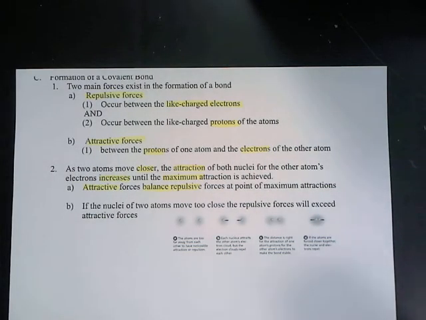Same charge repels. But they need to be close enough to share those electrons. So the atoms have to find a happy medium where they can be close enough to share the electrons, yet not so close that the electron clouds repel. This has to be considered as covalent bonding is done.